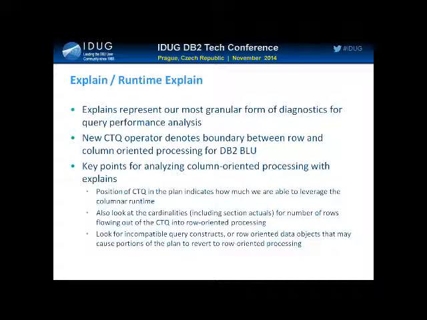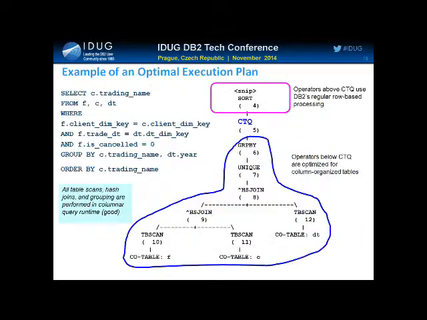For example, today, sort, OLAP functions, non-equality joins can't be executed natively in the columnar engine. So if you have these constructs in your plans and you're seeing things aren't being pushed down to BLU as much as you thought, that would be the train of thought to figure out what's going on.